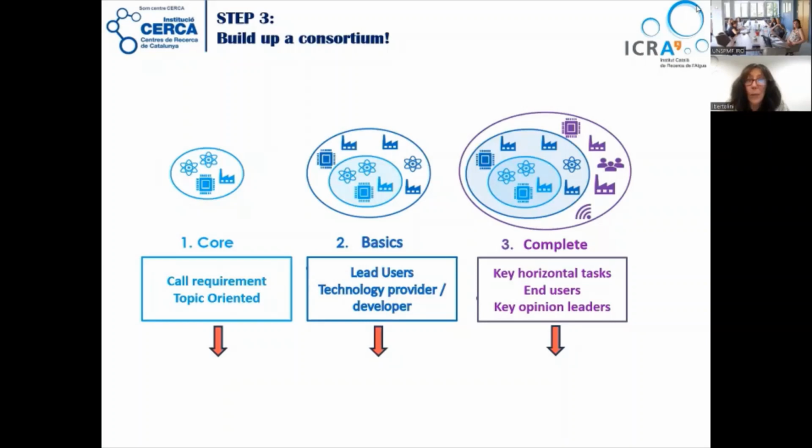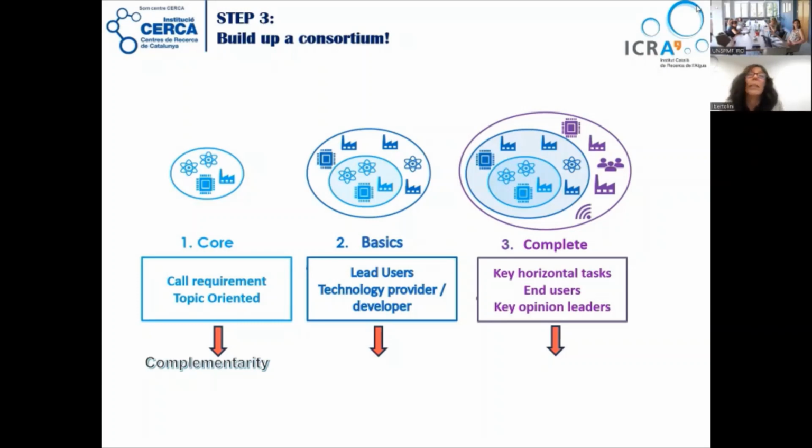So as I said, you should start to build up your consortium from a core, following the core requirements, what the topic said. And this should be made by partners that are complementary. So don't invite more than one partner that can do the same job.